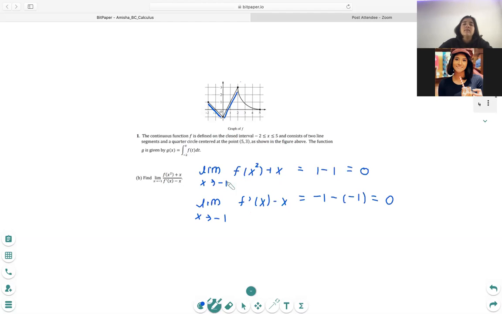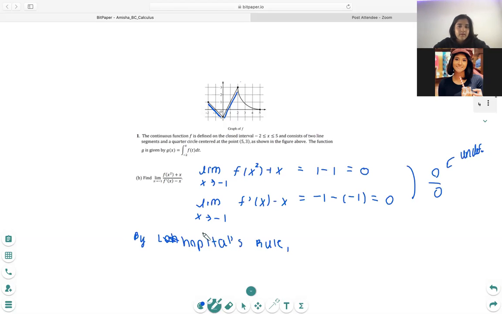So if we put this together, we get 0 over 0, which is a special case. It's undefined. So in this case, by L'Hopital's rule, we take the derivative of the numerator and the denominator.